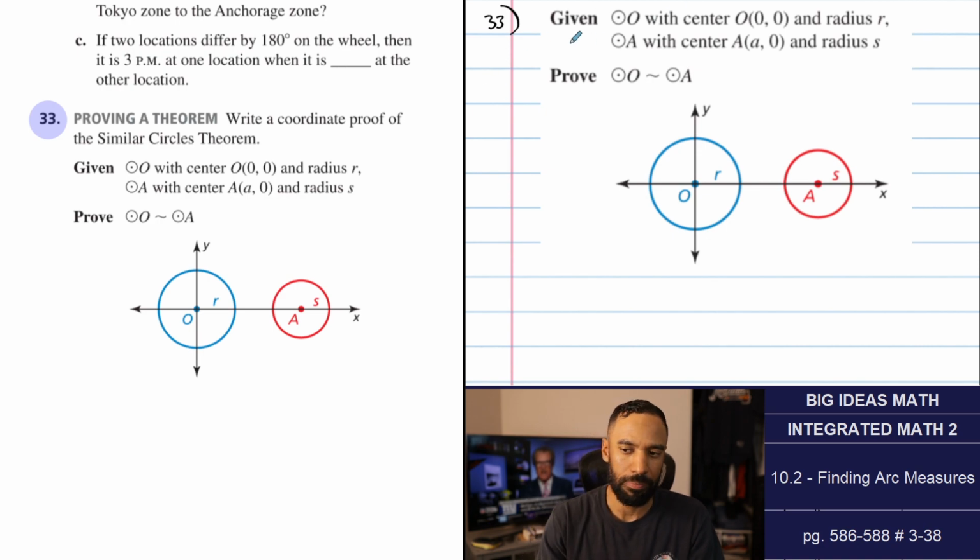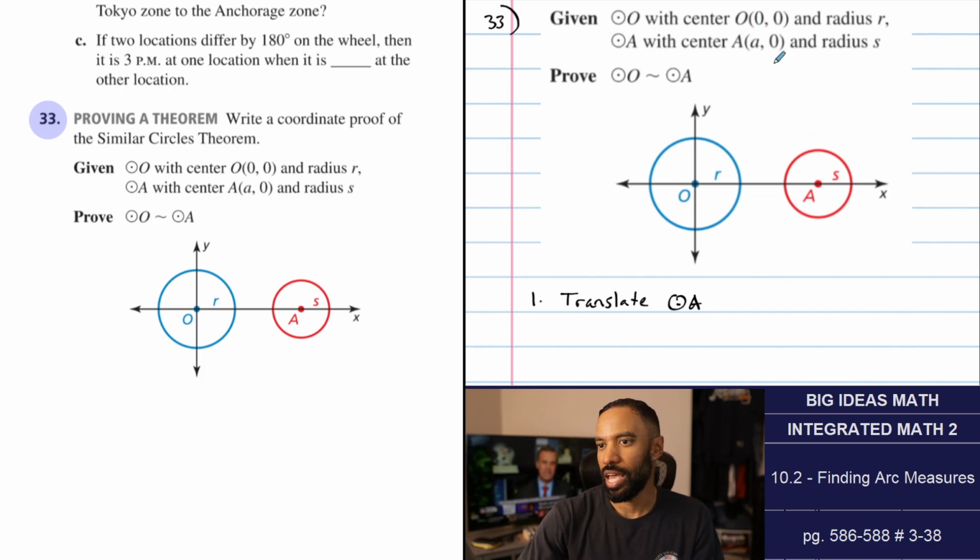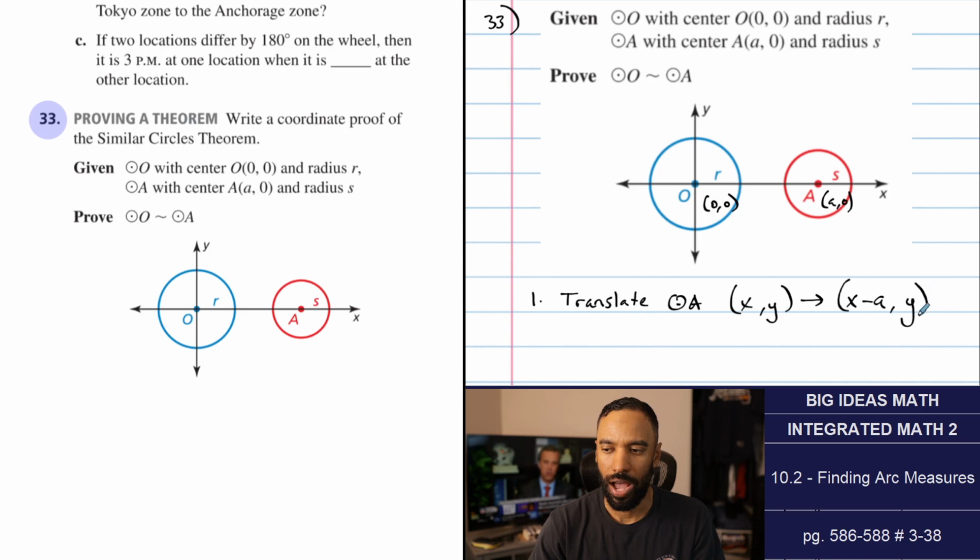Step 1, we're going to translate circle A, A units to the left, right? This center is at A, 0. This is at the origin, 0, 0. Let's translate it A units to the left by going from some x, y to some x minus A, y. Basically, everything is A units further over here.